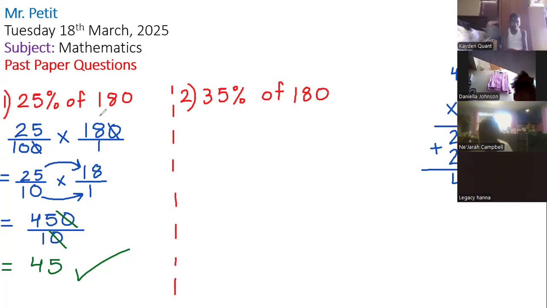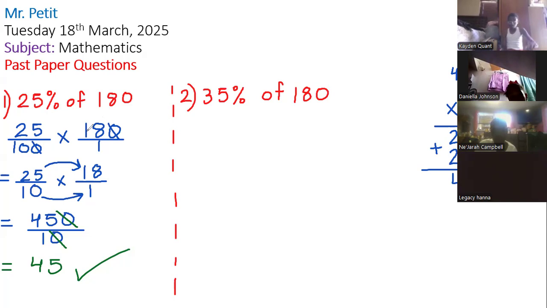Madeline, you understand how to do this, right? Yes, sir. Good. Daniela, the first thing we do is we have 25%. We put 25 over what? 100. Very good. And of means to what? Multiply.